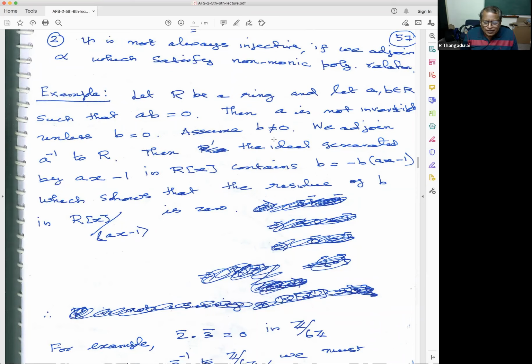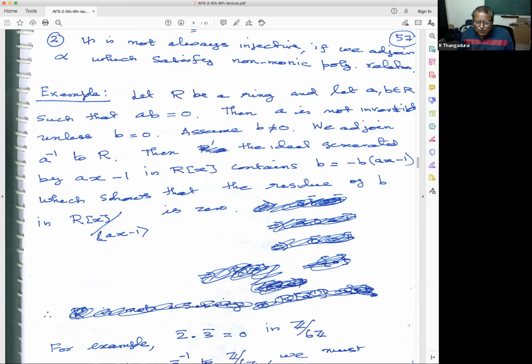Unfortunately, this ideal generated by Ax minus 1 captures B also. Why? It contains B. B can be written as minus B times (Ax minus 1), because A times B is 0. Here it is commutative. Therefore, it is nothing but B.